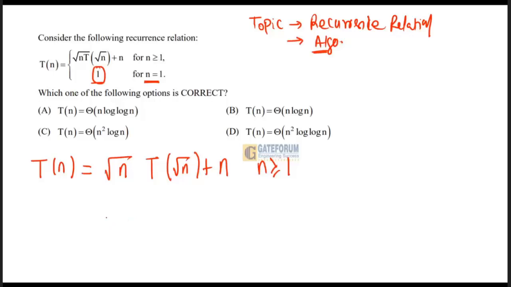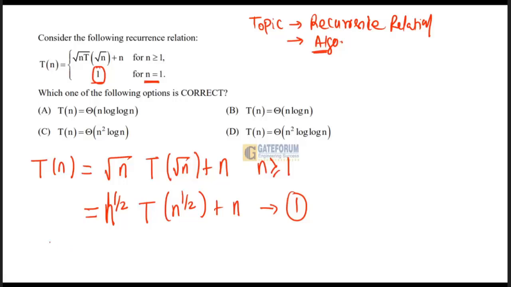Now I can also write the same equation as n^(1/2) into T of n^(1/2) plus n, and I will call this equation number 1, because I may need this equation later on for generalization purposes, right?